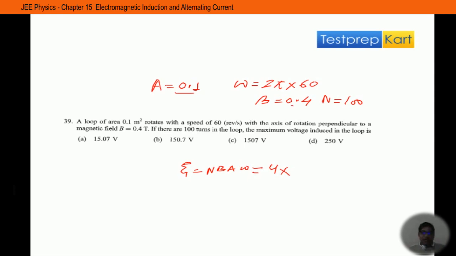There are 2 decimal points, so it will be eliminated by 100, into 2 pi into 60. Here you can place pi equals 3.14. So after doing proper calculation, we'll get 1507. So the correct answer is 1507 volt.